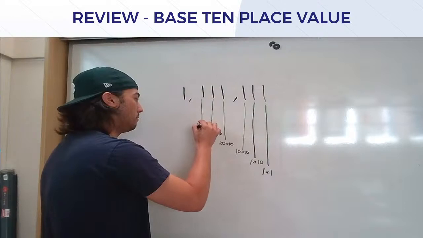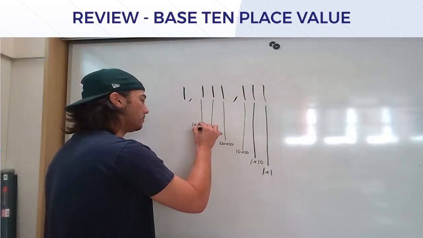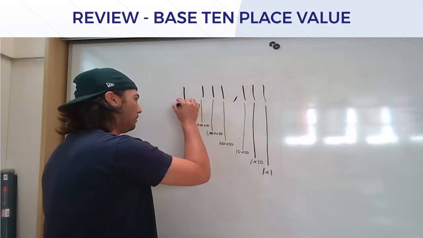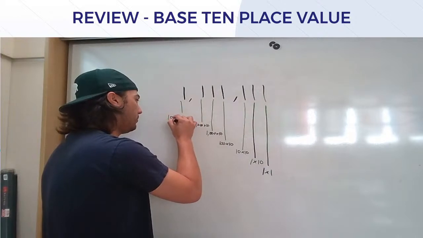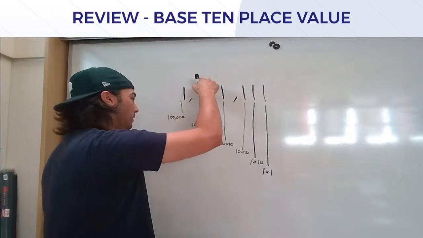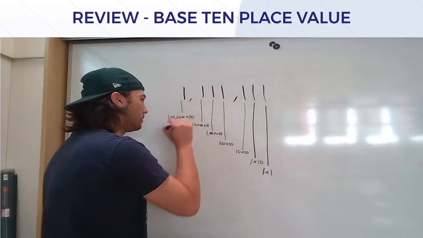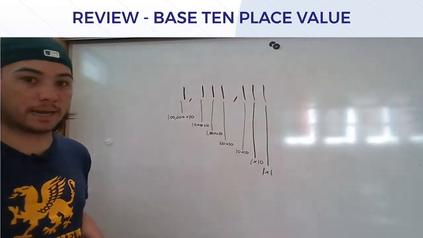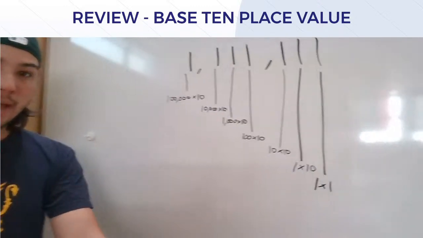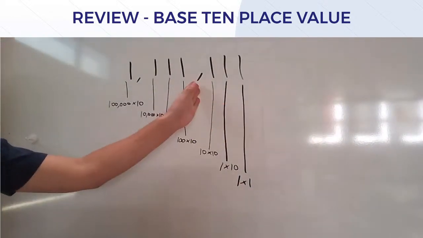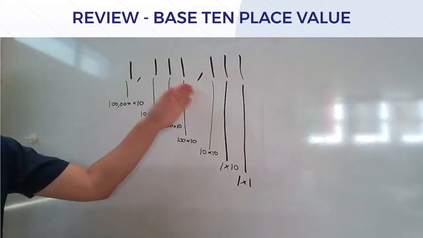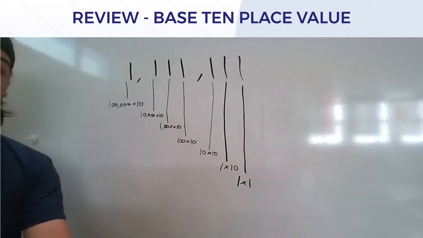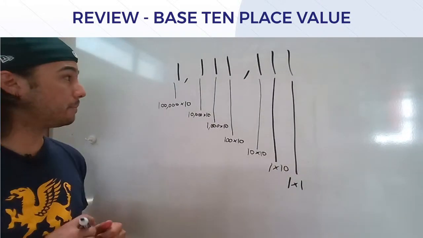This would be 10,000 times 10. And then here we've got 100,000, or this place, times 10. Okay, so every time we move one place to the left, we are multiplying by 10.